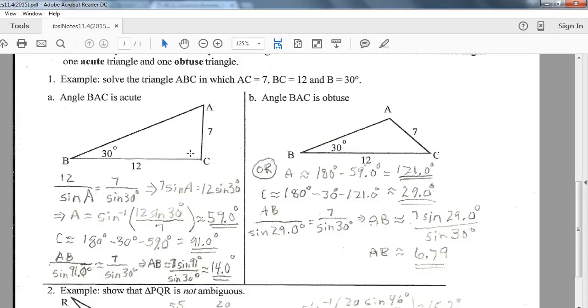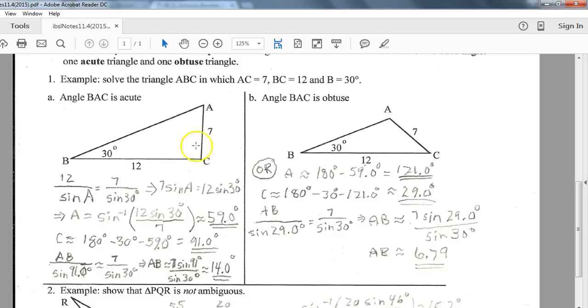The other rule is this, and this is really important for this SSA case. One of the rules that you learned with triangles a long time ago is that everything is proportionate, meaning the smallest side must be across from the smallest angle. The largest side must be across from the largest angle. Check that. That is one of the main key rules to help you know that you did things right when you're doing this SSA case.